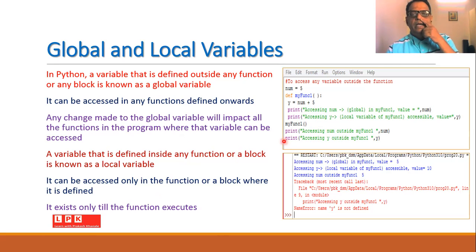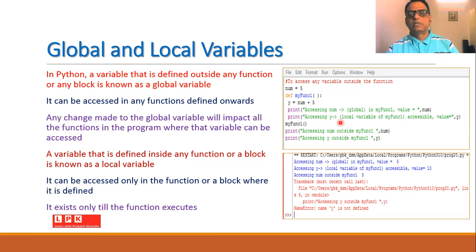So for example, I have written a small program where number is equal to 5. So number is defined outside the function, so one can say that it is a global variable. Definition, my function 1, no parameters, colon, y is equal to number plus 5. Within the function, we are printing the message, accessing the global number in my function, and printing the value.